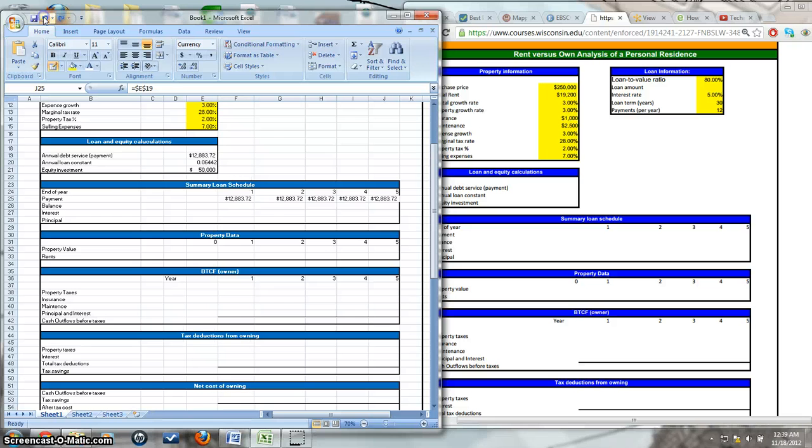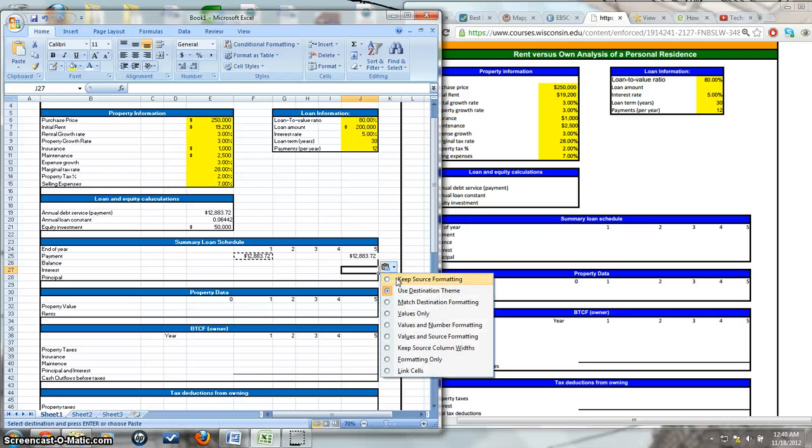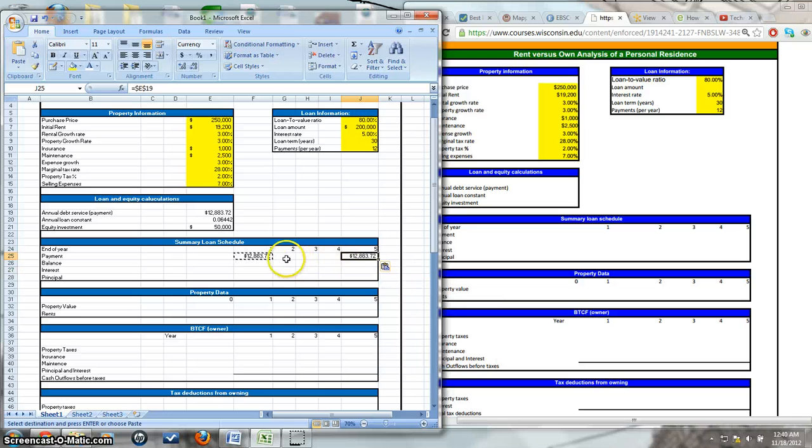Edit, undo, undo, undo, undo. Instead, I'm just going to Control C, Control V, and this time keep source formatting. Voila, it did not.